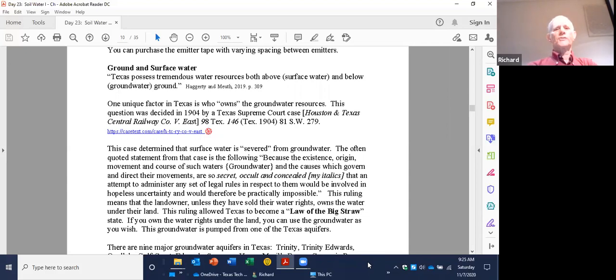What happened in this particular case was the railroad pumped so much water, I think it was something like 22,000 gallons per day, and the landowner right adjacent to that started running out of water. And so he sued. After this court case was tried and then appealed, the Texas Supreme Court finally ruled that whoever owns the land owns the groundwater underneath it.